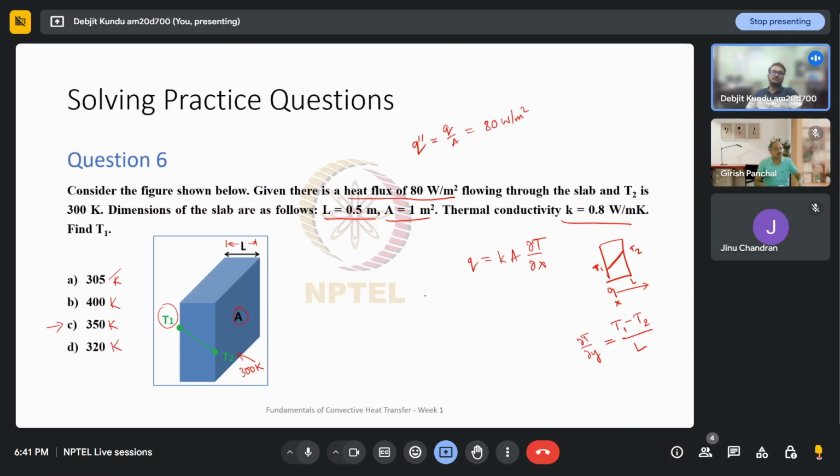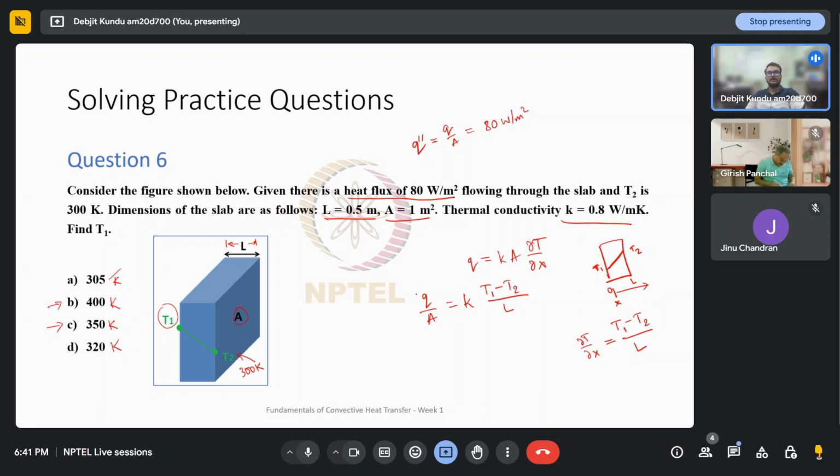So now if I take Q by A, so A I'm taking on the left hand side, equal to K. Okay, so we have one response in favor of option B, 400. Let's work through the problem and let's see. So it's equal to K and ∂T/∂X, sorry, not ∂T/∂Y, ∂T/∂X. Now I can replace with T1 minus T2 divided by L.